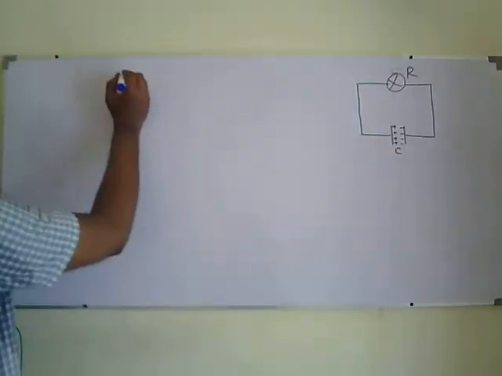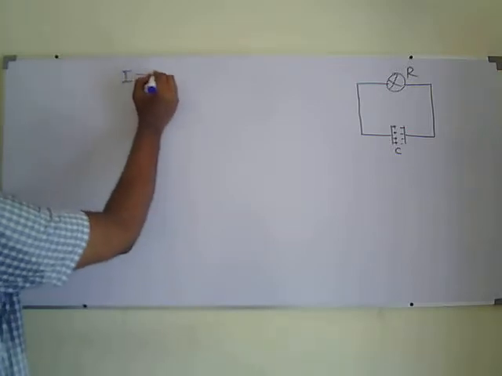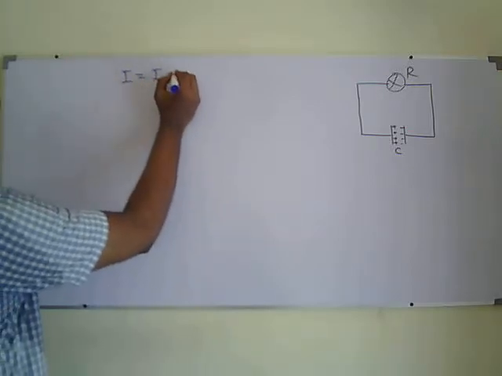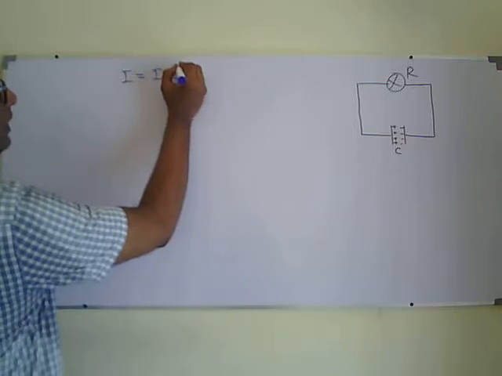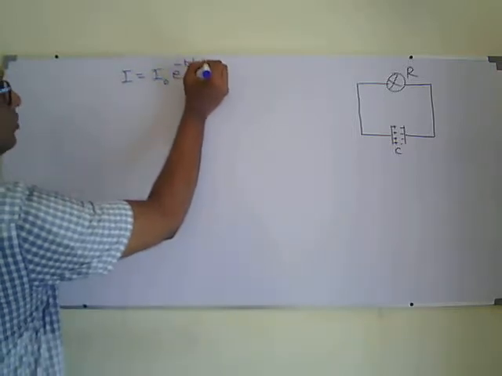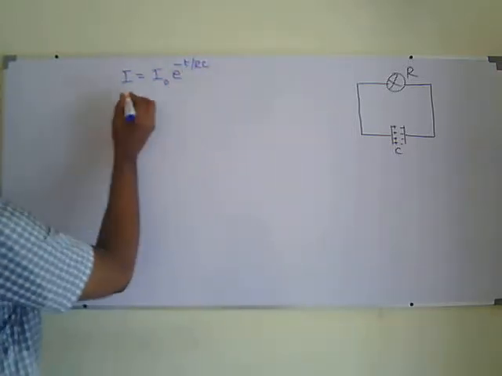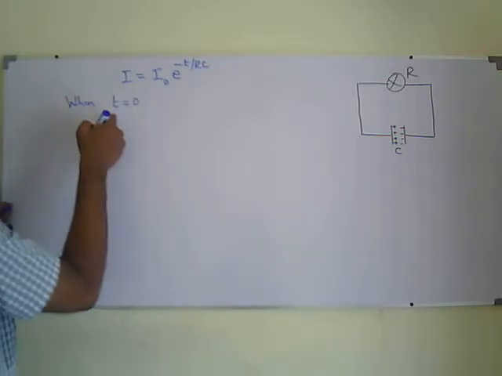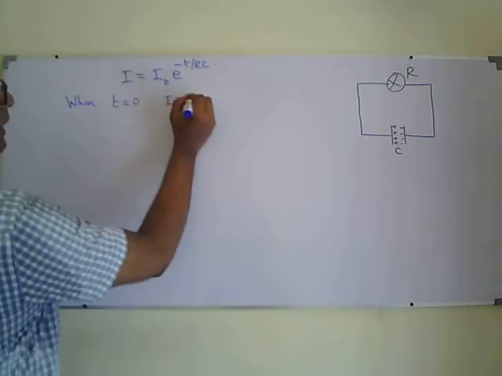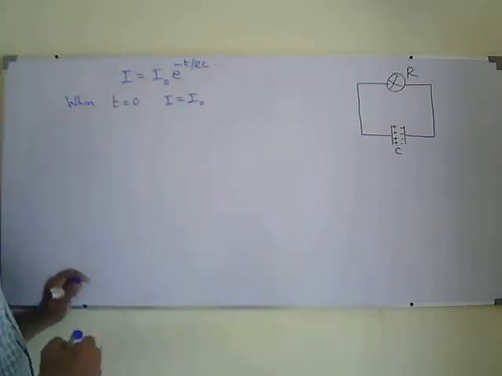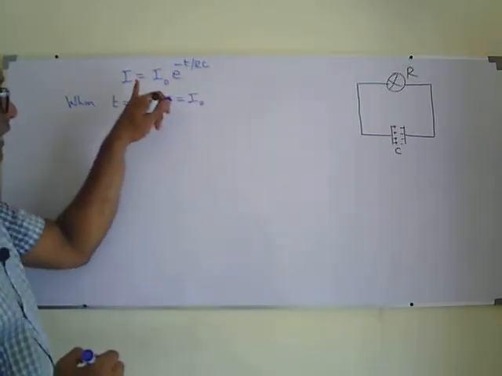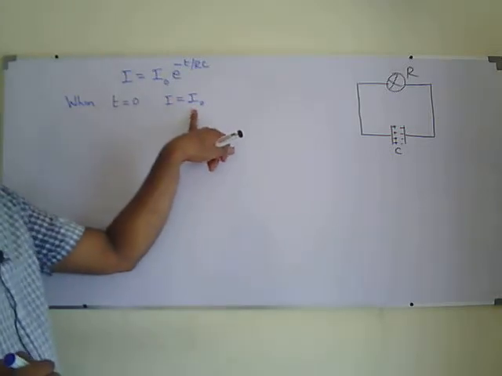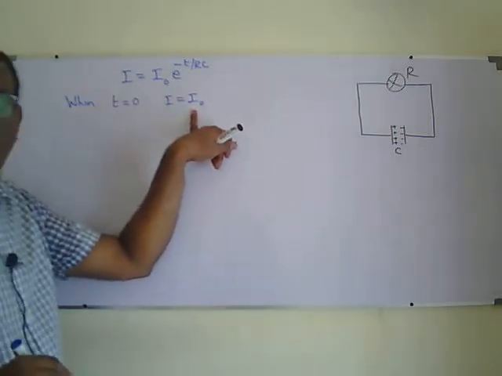Say, for example, the initial current is given by I naught. At a time t, the current is given by I equals I naught e to the power minus t over RC. When t equals 0, the current I is going to be I naught. So how long will it take for the current flow to drop to I naught by 2? That time is called the half-life.